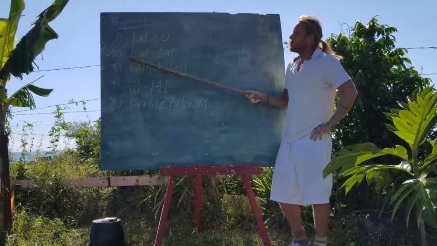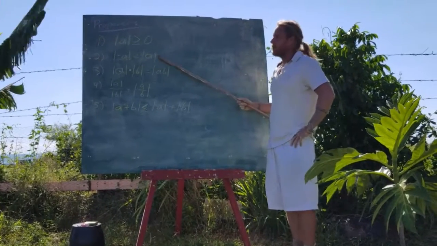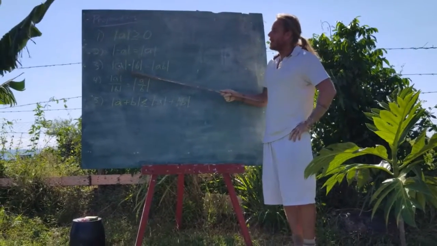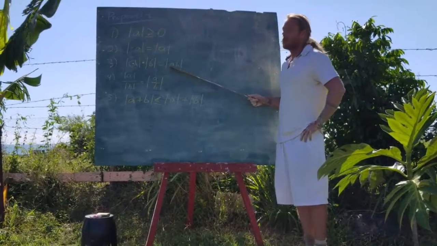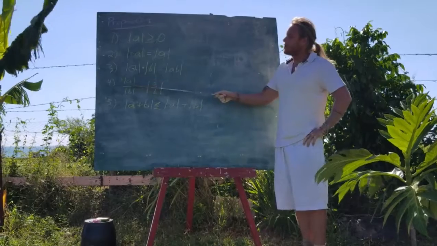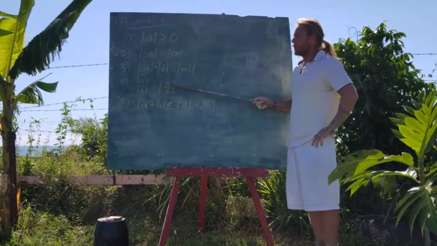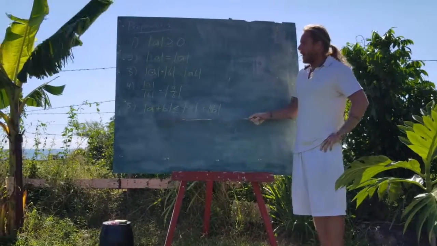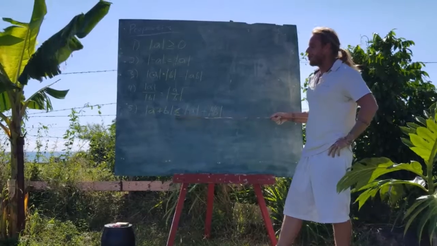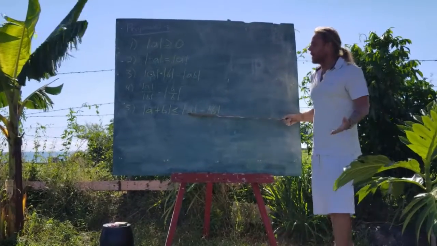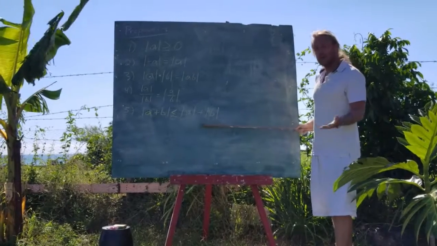The absolute value of negative A is equal to the absolute value of A. The absolute value of A times the absolute value of B is equal to the absolute value of A times B. The absolute value of A over the absolute value of B is equal to the absolute value of A over B. And finally, the absolute value of A plus B is less than or equal to the absolute value of A plus the absolute value of B, the triangle inequality.